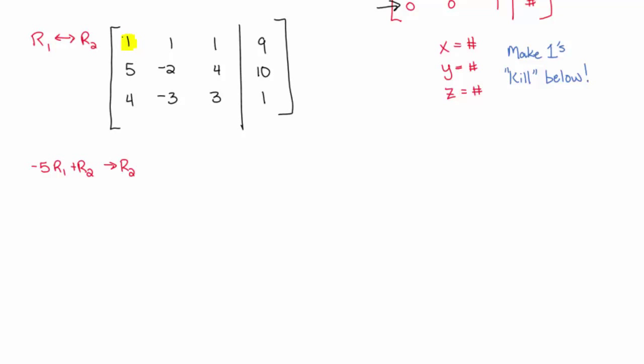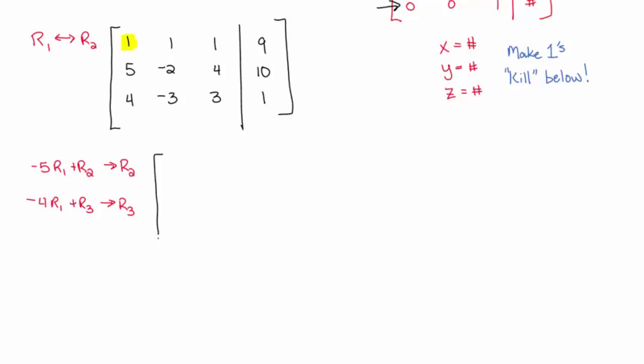At the same time, you guys are at a level you can understand this. You could also pause the video if you need to. I'm going to take a negative 4 times row 1, add that to row 3 to become the new row 3. So I'm going to do both of those operations in one fell swoop.